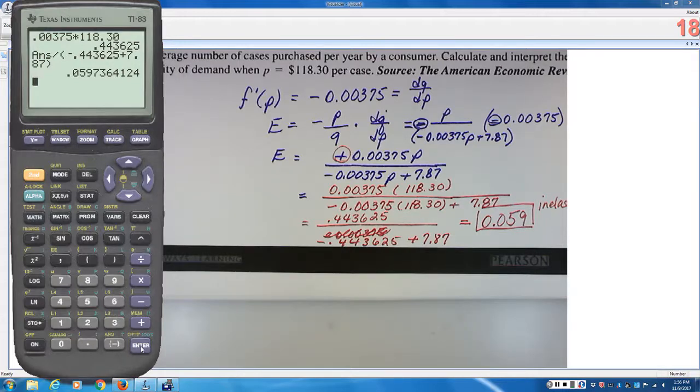Now, if you're thinking about a case of liquor, a case is how many bottles? 12. And at $118.30 a case, that's less than $10 a bottle.